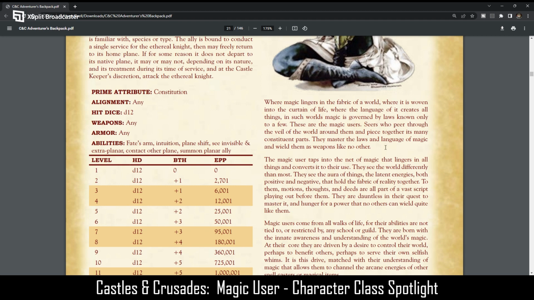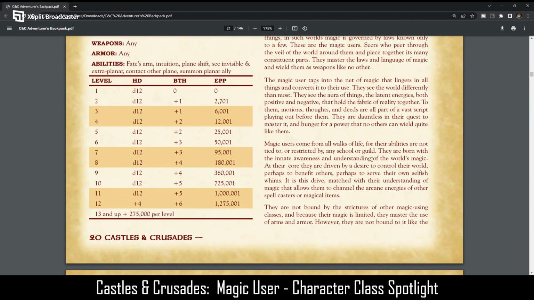They master the laws and language of magic and wield them as weapons like no other. The magic user taps into the net of magic that lingers in all things and converts it to their use. They see the world differently than most. They see the aura of things, the latent energies, both positive and negative, that hold the fabric of reality together. To them, motions, thoughts, and deeds are all part of a vast script playing out before them.